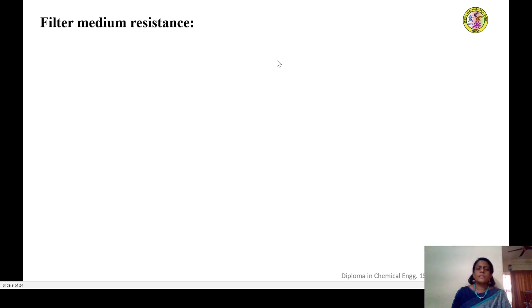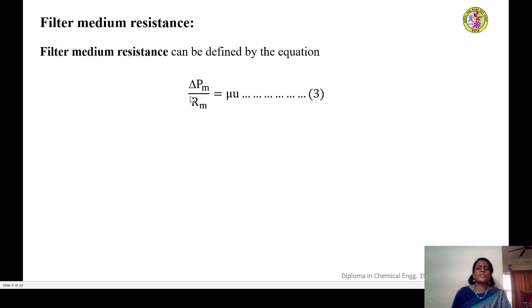Now let us write the equation for filter medium resistance. The filter medium resistance can be defined by the equation delta Pm divided by Rm equals mu U. Keep this as equation number 3. Here delta Pm is the pressure drop across the filter medium. Rm is the resistance offered by the filter medium.